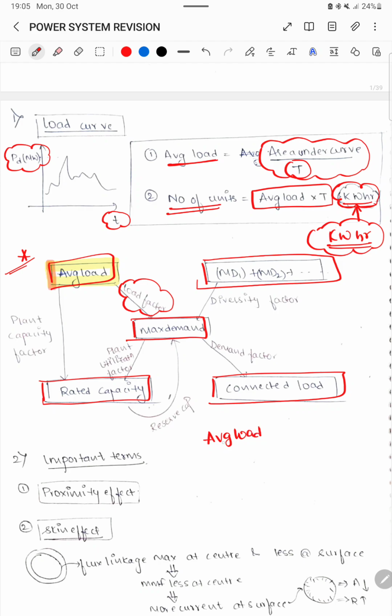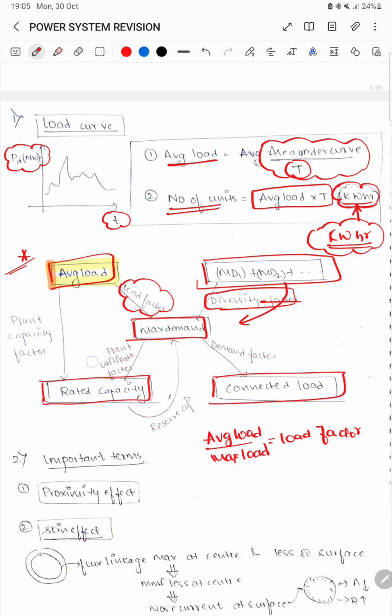So average load upon max load is basically load factor. Okay, then MD1 plus MD2 plus MD3 upon maximum load is nothing but diversity factor. Maximum load upon connected load is nothing but demand factor.